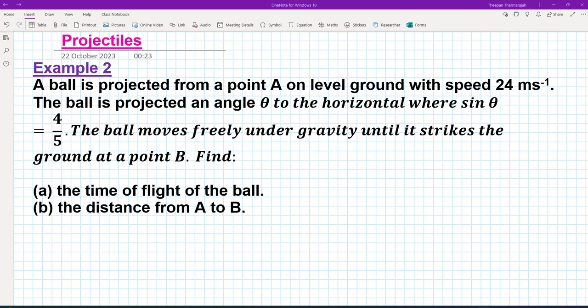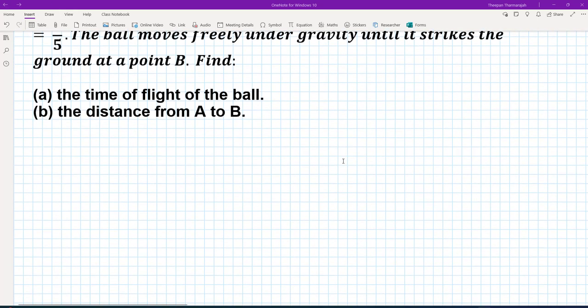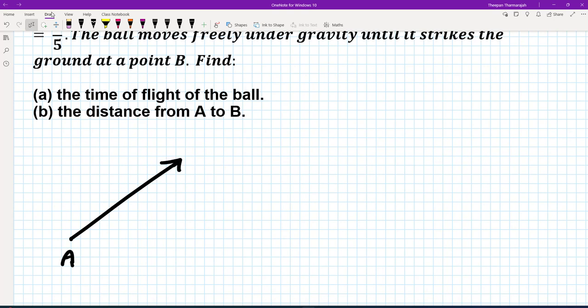So, as what we always do in mechanics, let's draw a diagram. It's a particle or a ball being projected from point A. So here's the point A, and it gets projected, and here's our projectile to some point B here.